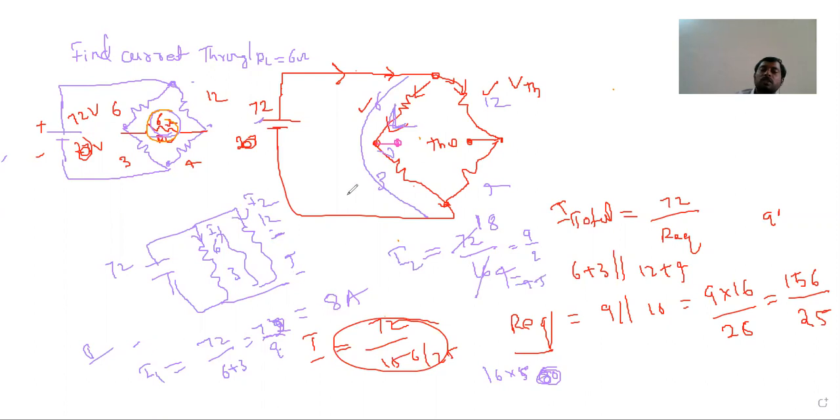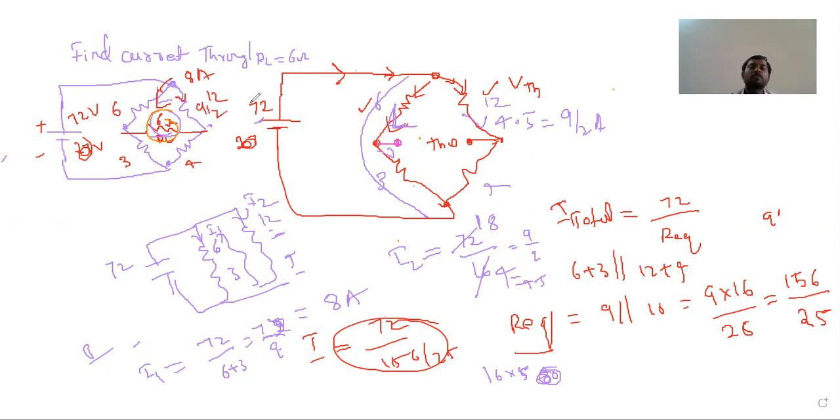So in this branch the current is 4.5 amps, equal to 9 by 2 amps. So now finally we found the current in this branch I1, that is 8 amps, and in this branch 9 by 2 amps.